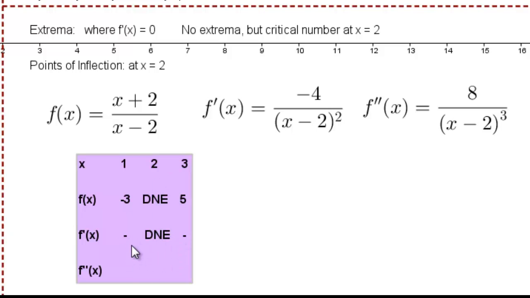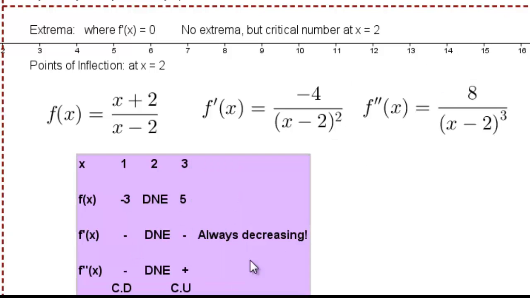The slope is negative. This function is always decreasing. Then when we plug in the values of x into the second derivative, we see that on the left side of 2, we get a negative number, meaning that it's concave down on the left side of x equals 2. And then if we put in values like 3, we get a positive over a positive, so it's concave up to the right of x equals 2.